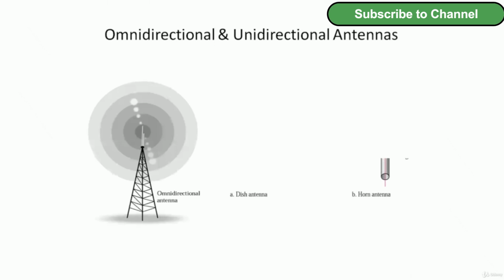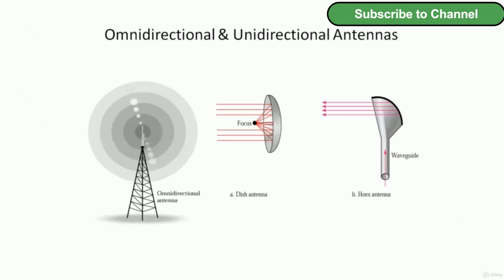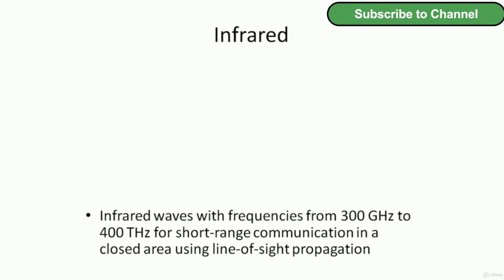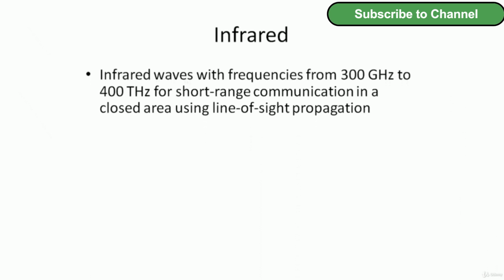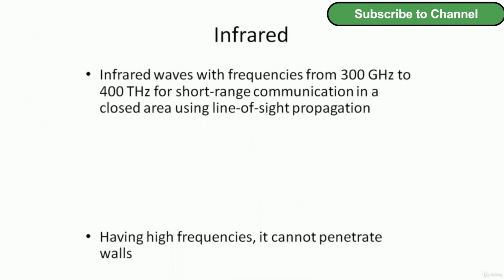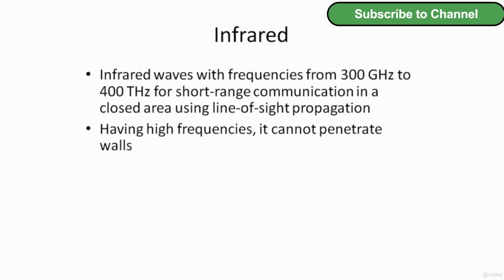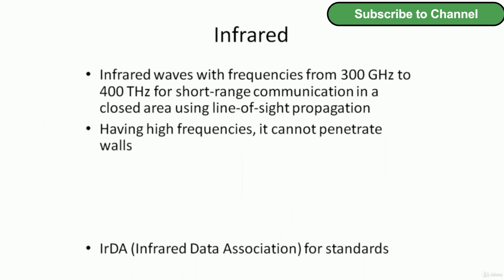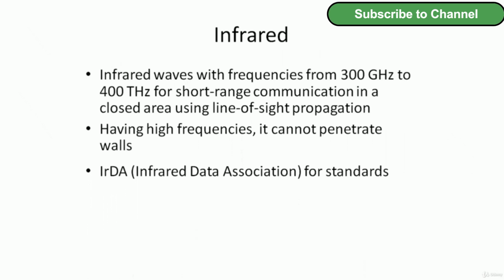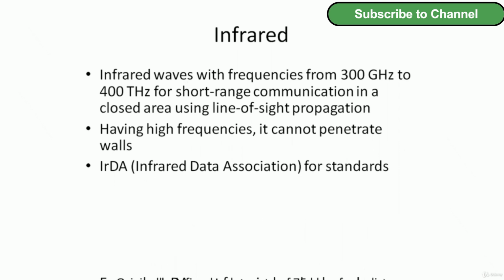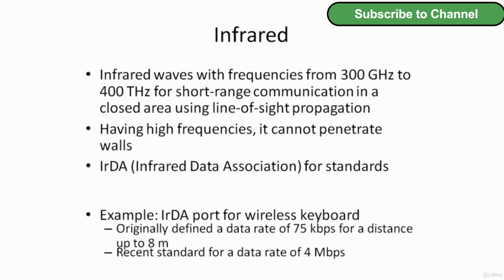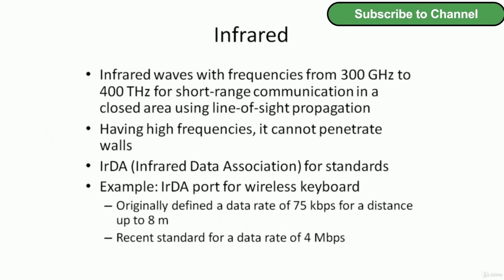Different antennas are used here. Then this is infrared, the range of these frequencies. Then the advantages and disadvantages of that. We have seen this example of the wireless keyboard, the IrDA port for the wireless keyboard.